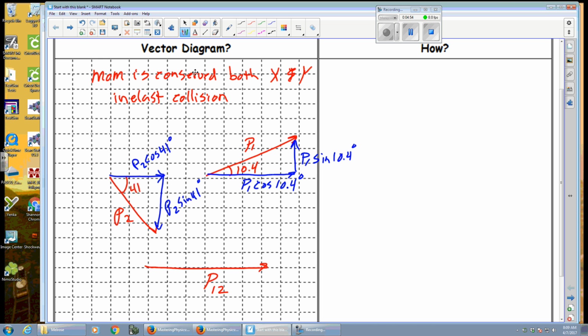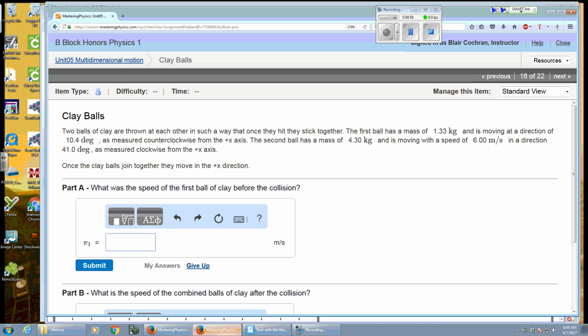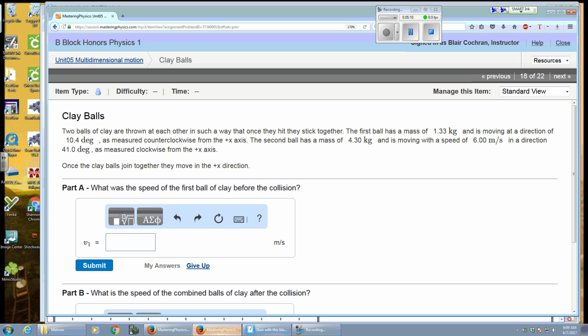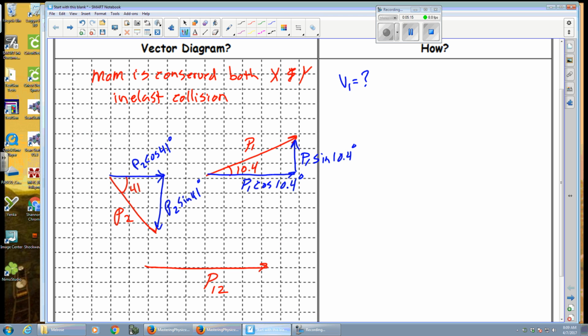Wonder what they want me to find. Speed of the first ball of clay before the collision. So that would be V1. And speed of the combined balls of clay after the collision. So that would be V12.